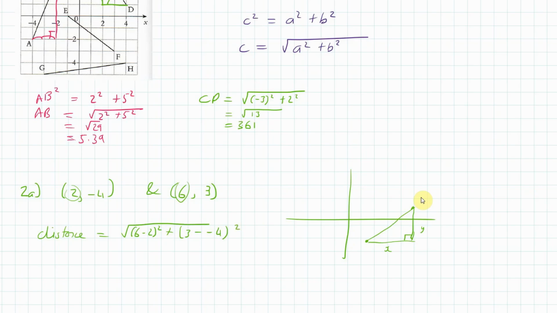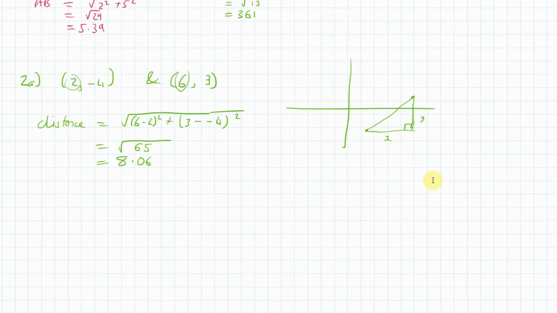So you're going to square that. And then what do we get? 6 minus 2 is 4, so that's square root 16. And then plus 49. So we should have square root 65, I think. And that gives me 8.06.